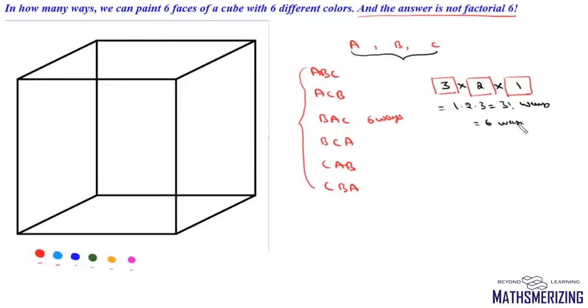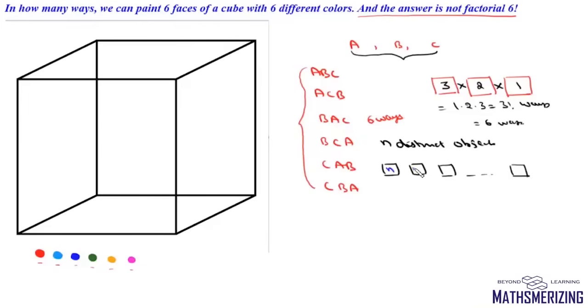Pretty simple, right? Now, if we generalize this concept, then if we have n distinct objects and we have to arrange these n distinct objects linearly, that is, in n positions, then for the first position we have n choices.